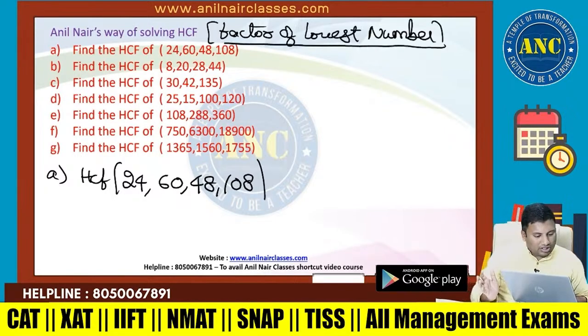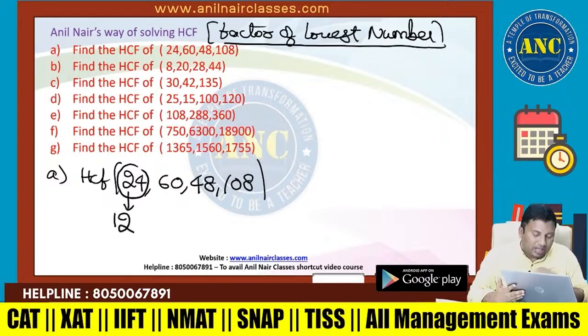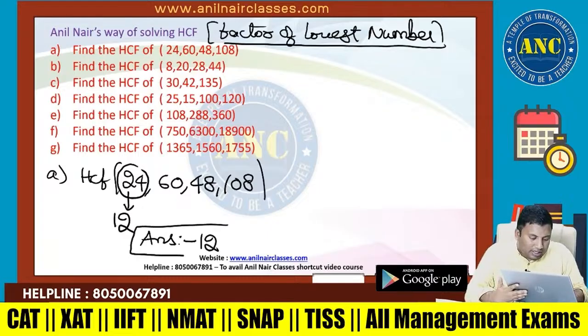The lowest number is 24. Check whether 24 is a factor of every number. 24 is not a factor of 60. So the next factor of 24 is 12. Does 12 divide 60? Yes. 12 5s are 60. 12 4s are 48. 12 9s are 108. So the answer for the first one is 12. I hope you got an idea.